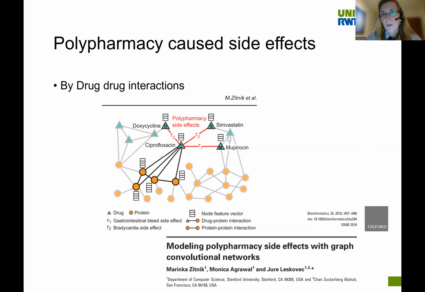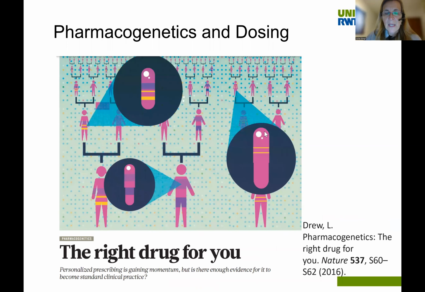So we are currently developing a data science pipeline for our real-world data on drug interactions in patients who are taking more than 5 drugs, and on average 16 drugs, at the same time. We need new methods of data science to assess the burden of side effects in the real world in our patients today.